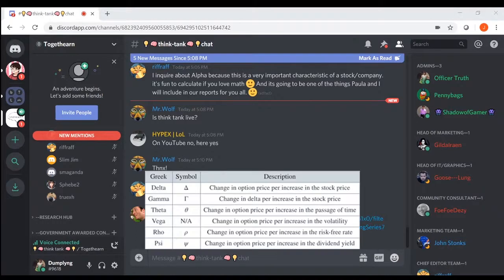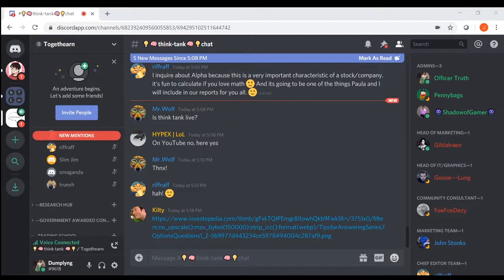Okay, the delta, the theta, the gamma, rho, vega, all those things are important. I would wager delta is probably one of the most important because that variable is very important in calculating potential upside of a profit on the contract.